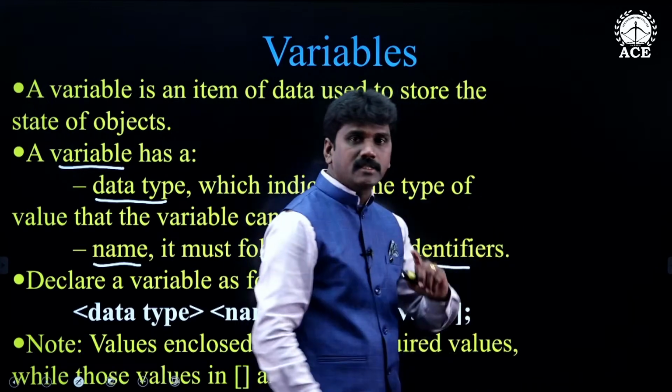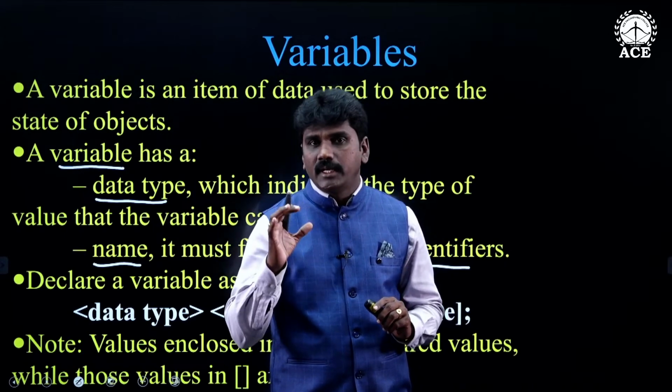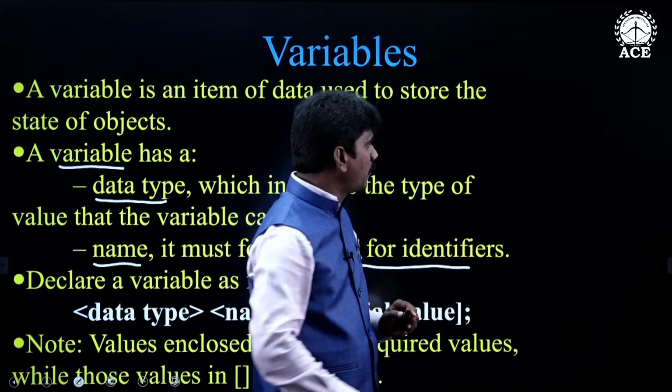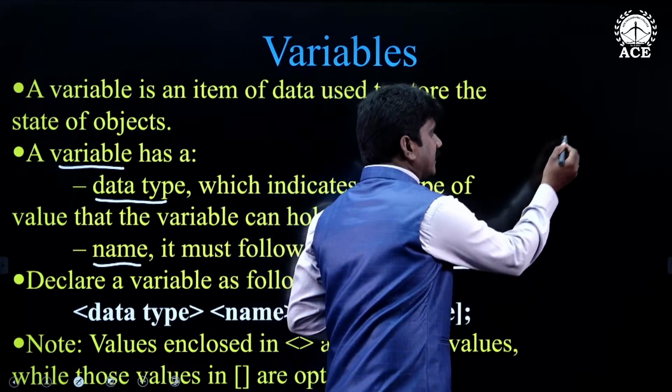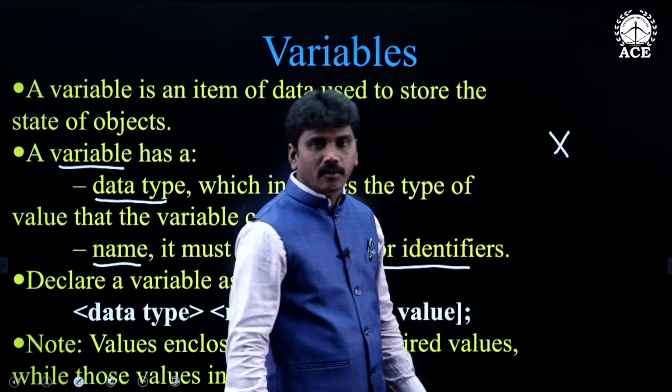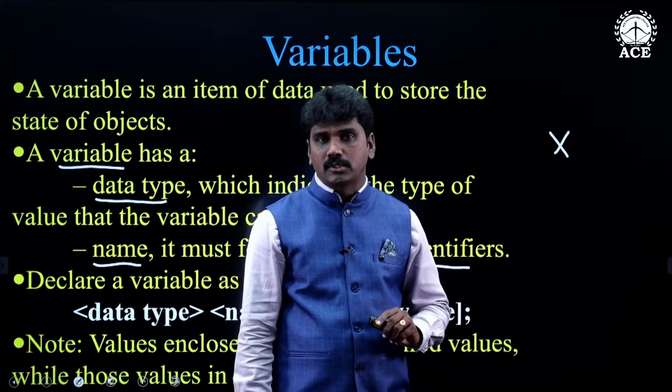The first one is a data type. I would like to take one variable, suppose the variable name is x. Here we have to decide what kind of value we are going to store in it.